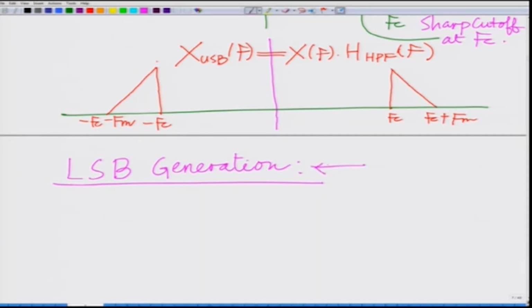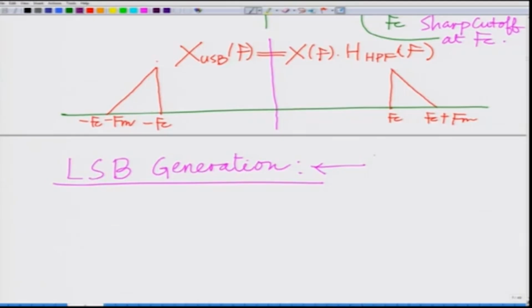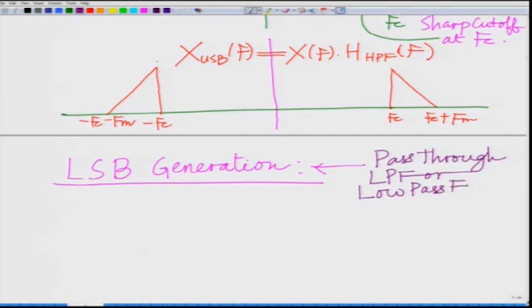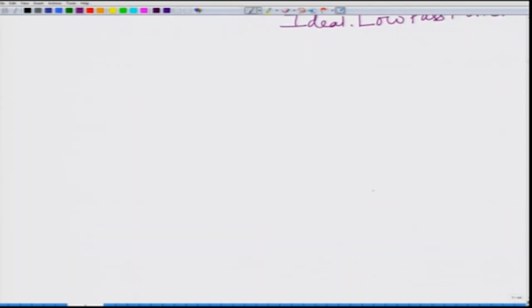For the upper sideband, that is extracting the outer sidebands, we have to pass it through the high pass filter. To extract the lower sideband, naturally one has to pass it through a low pass filter, the LPF. Once again I can add that we desire an ideal low pass filter.